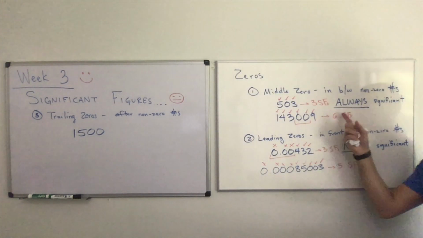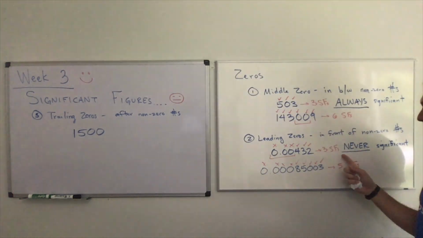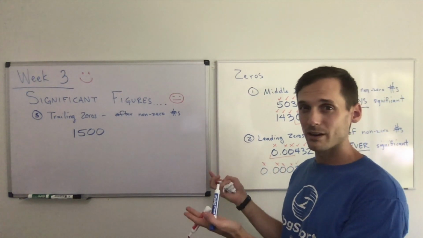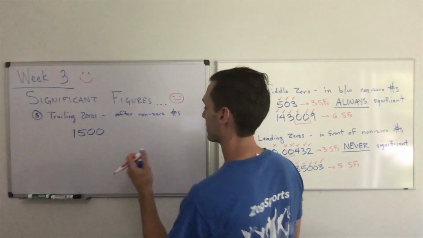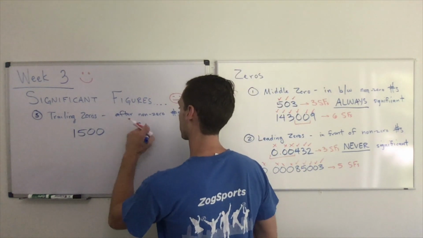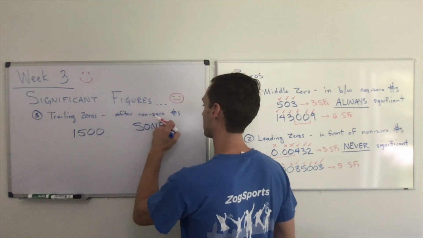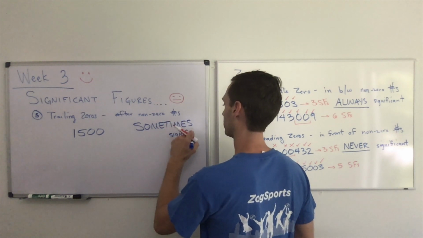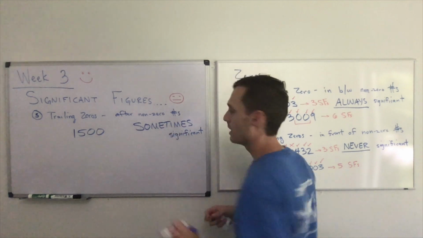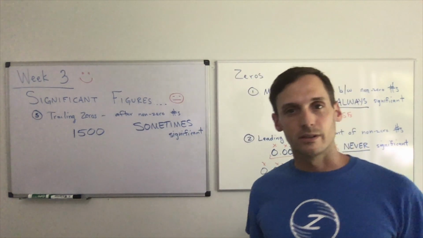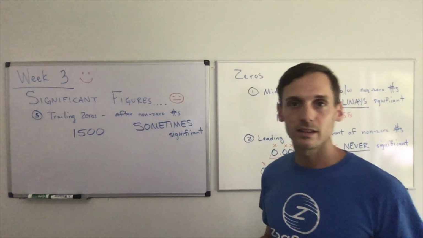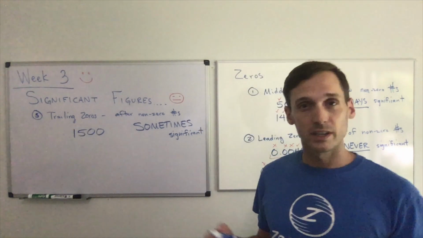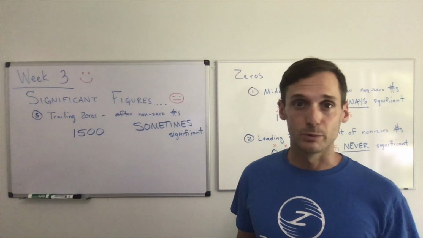So we have zeros that are after non-zero numbers. Middle zeros are always significant. Leading zeros are never significant. This one's going to be our sometimes significant, okay? But it's pretty easy what it depends on. The only thing that dictates whether trailing zeros are significant or not is a decimal point.